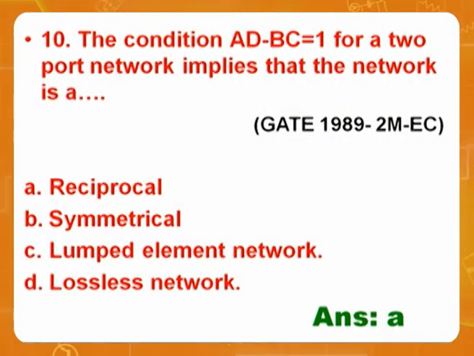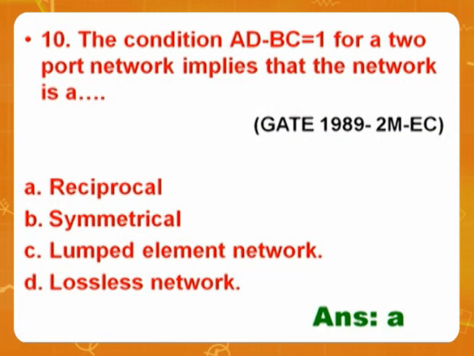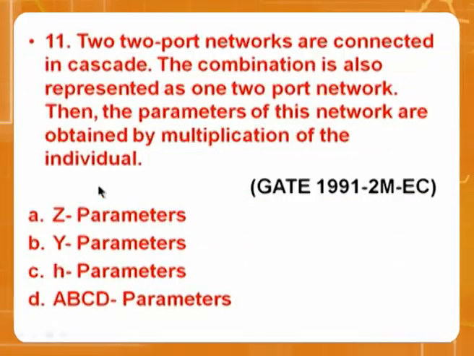Suppose you have forgotten that table, then take the ABCD parameters and try for reciprocal. If it's not successful, go with symmetric. It takes 1 or 2 minutes maximum to solve. So you can comfortably apply the procedure for reciprocal, and the procedure for symmetric. The answer is directly reciprocal.